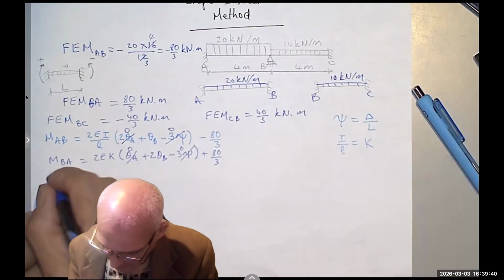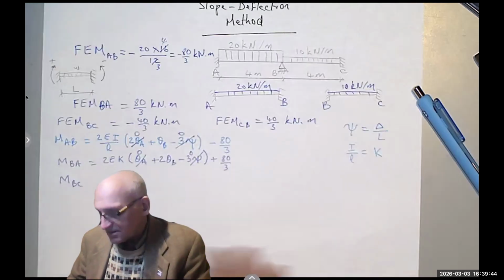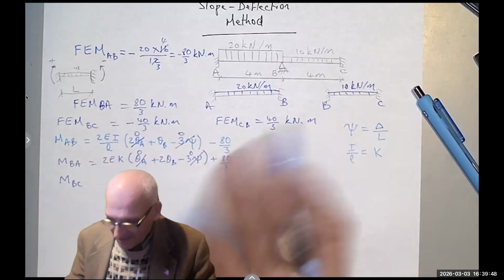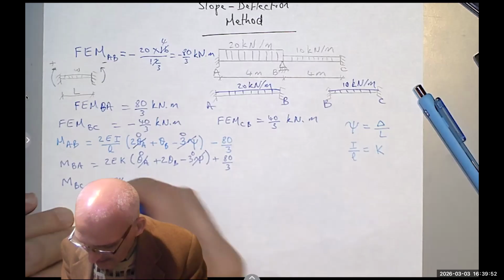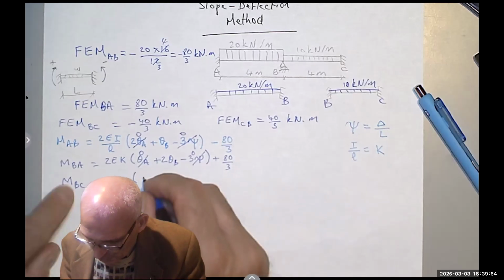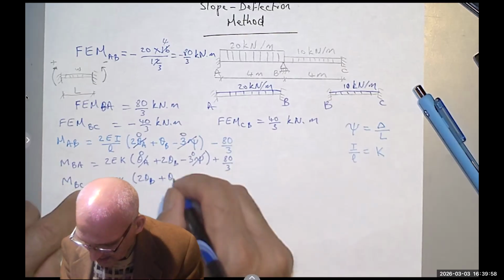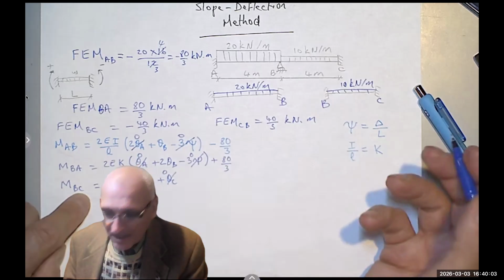Okay, now let's write MBC. And that's a channel in the Middle East. So anyway, because I said MBA, I have to say something for MBC. 2EK times twice theta B plus theta C, but C is also a fixed support, so theta C is 0. There is no rotation.